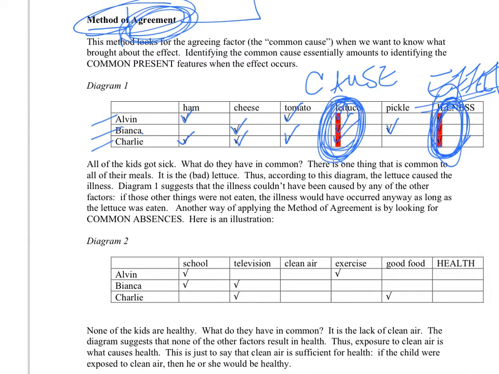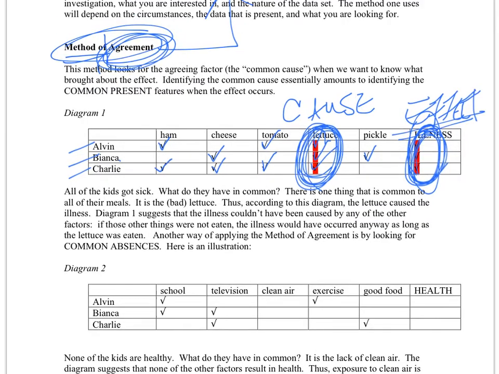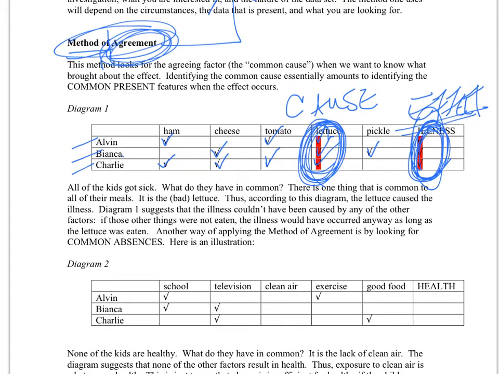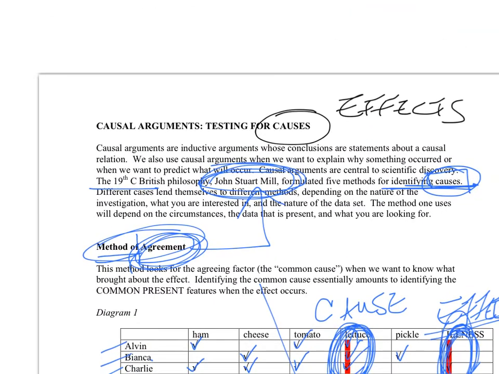And on the basis of tracing the commonality, people were able to figure out where that foodborne illness had come from. And what these investigative journalists and scientists were doing is they were using the method of agreement.